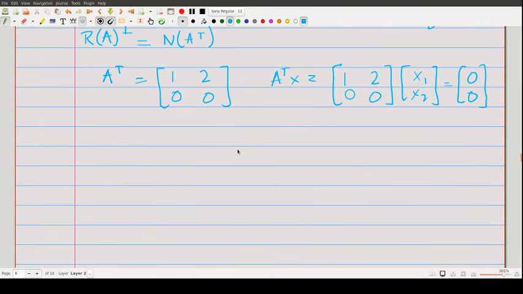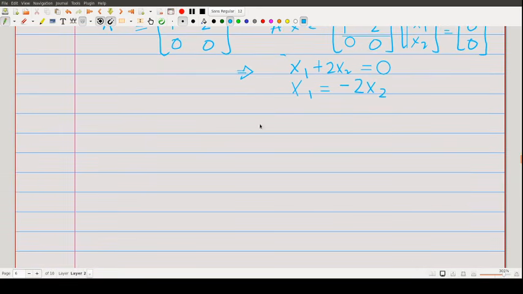And so what do I have in this case? Taking the first row, x1 plus 2x2 equals 0, so x1 is equal to minus 2x2.